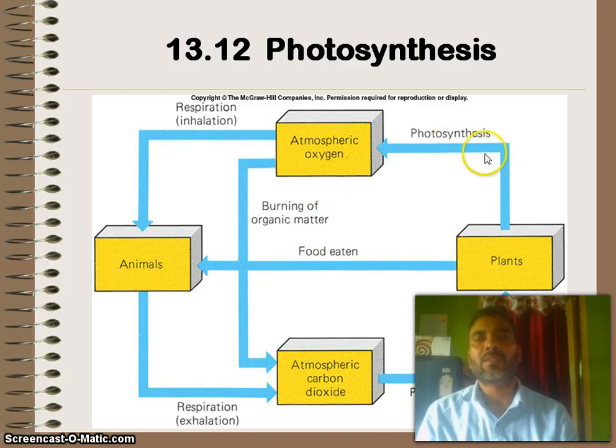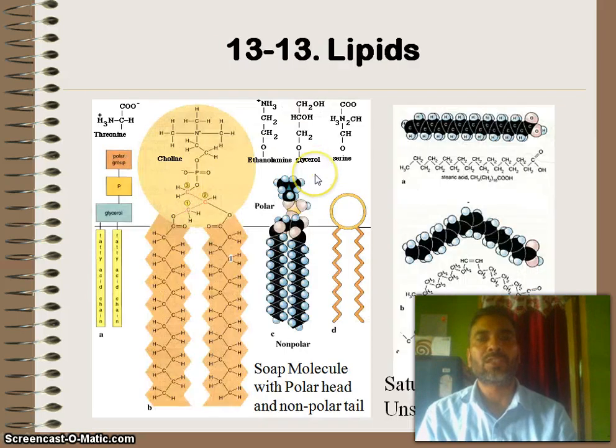Here is a plant doing photosynthesis, atmospheric oxygen, then burning of organic matter and atmospheric carbon dioxide, respiration, exhalation, and then photosynthesis in plants. So this is the cyclic process of photosynthesis.